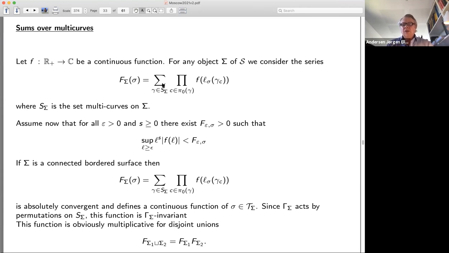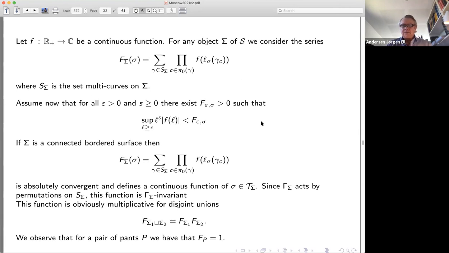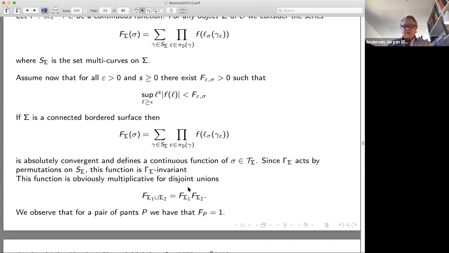We sum over all such, take the product over all components, and apply f to the lengths of the curves. This becomes a function on Teichmüller space, provided that f decays fast enough. In fact, if it beats all powers of L like this, that's sufficient, and then this will be a continuous function on Teichmüller space. We do this for connected surfaces, and for disconnected surfaces we simply multiply over the components, and then for pairs of pants, we set the function equal to 1.